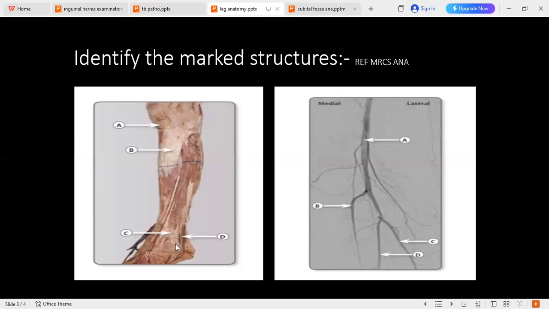Ma'am, these are ligaments of the ankle. Are you sure? It is on the lateral aspect. Okay, yes, this is the extensor retinaculum. Please, attachment.